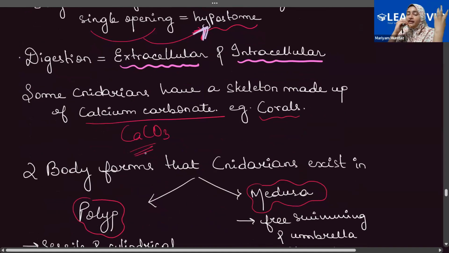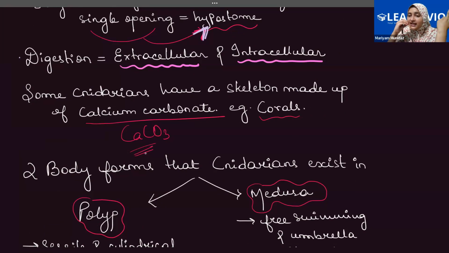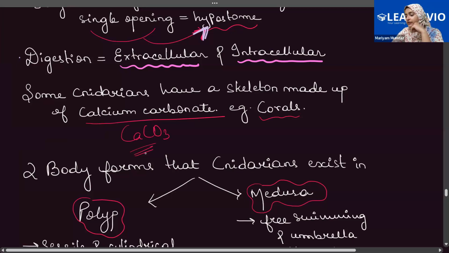Just like how poriferans had spongin fibers in their skeleton, the cnidarians have a different component, and that is CaCO3, calcium carbonate. What else has calcium carbonate, students? What is the common thing that you've heard has calcium carbonate? You've heard about where this exists?